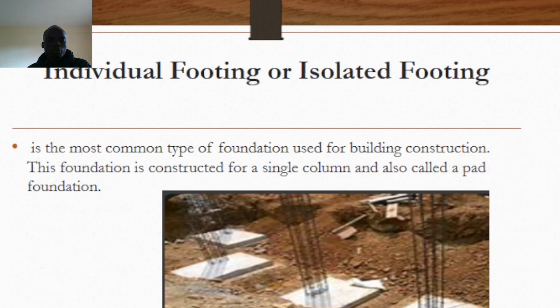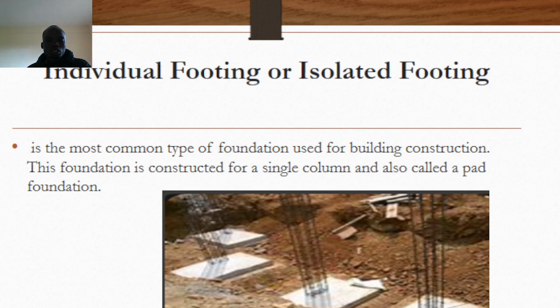Let us now discuss isolated footing or individual footing. You can see the pictures. It is just a simple foundation, and it is appropriate for fairly loose soils. It is the most common type of foundation used for building construction.